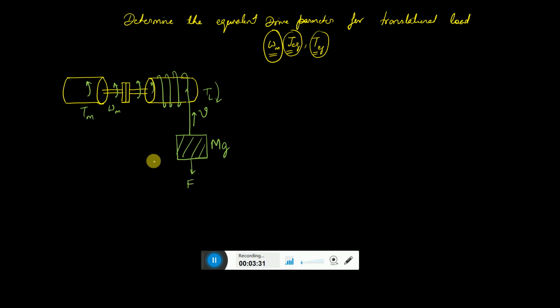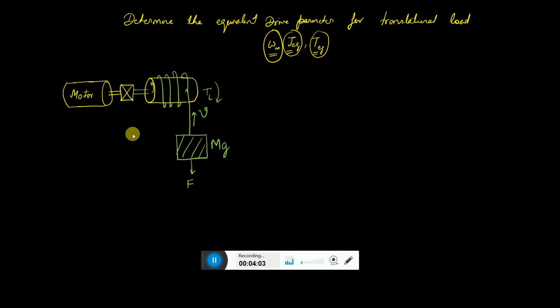So if the force on the load is F, how much is the effective torque seen at the motor end? Here there is no gear, it is directly connected to the drum, but usually it is connected with a gear and then a drum.